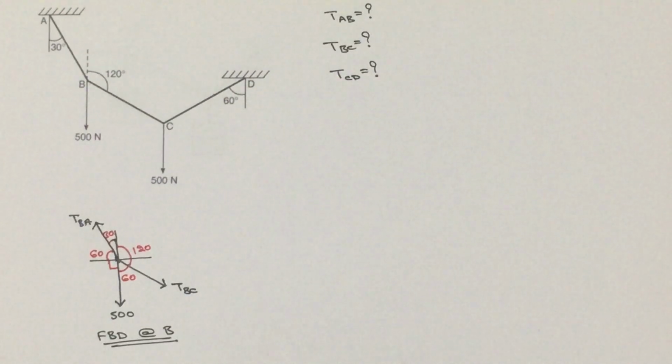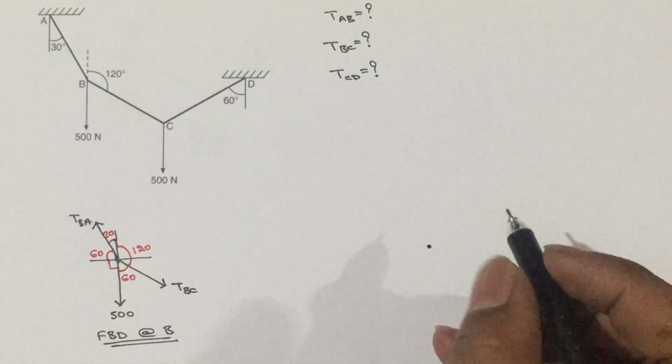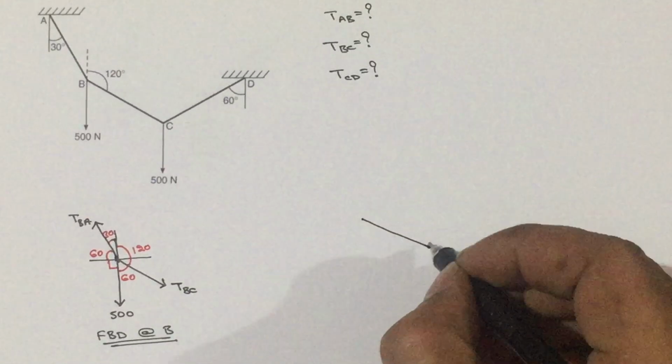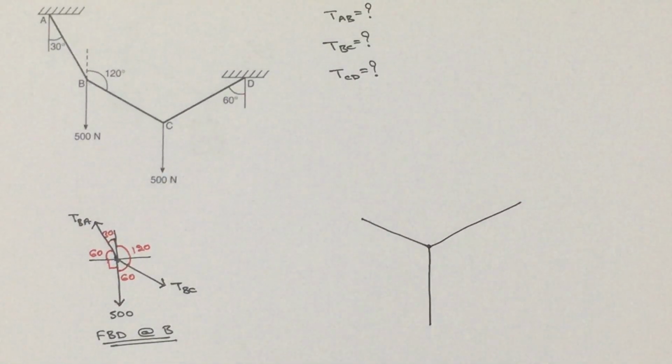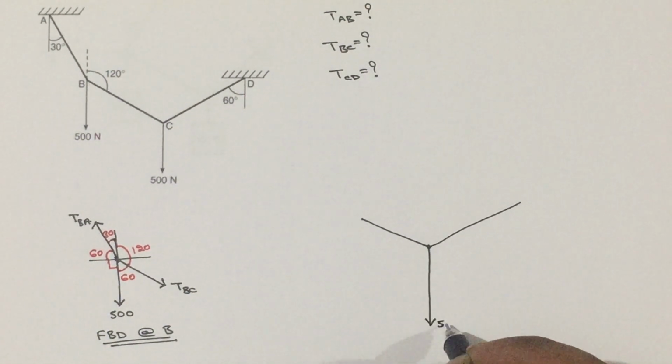Then, like that, draw the free body diagram at point C. First, mark the point C, then draw the connected lines. Three lines are connected. Then, write the direction. Here it is 500 Newton.